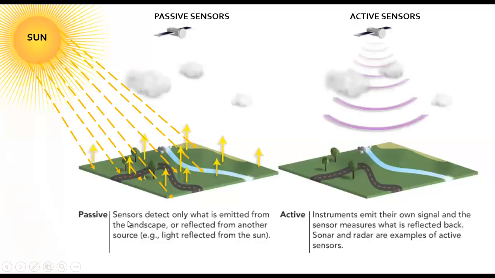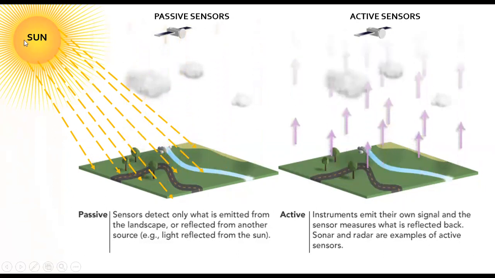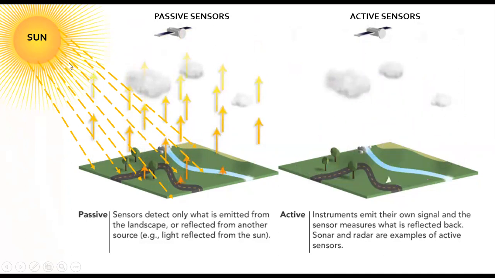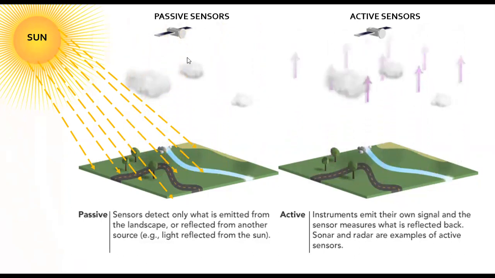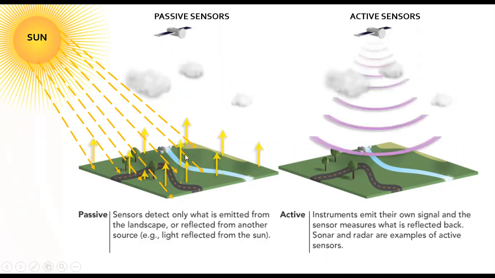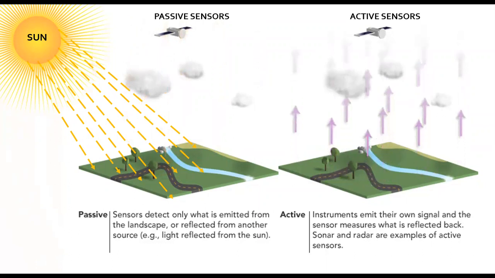So this is the example of active and passive sensors. See, here in the passive sensors, the illuminating source is the sun, the natural source. It illuminates the Earth's objects or phenomena, and the sensors detect that energy and gather information about it.